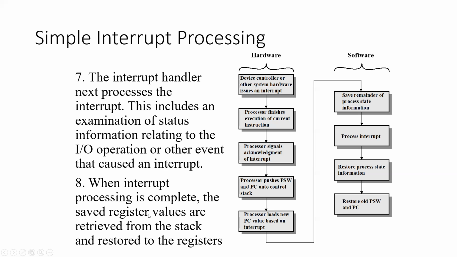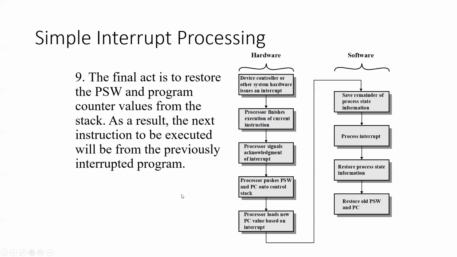When interrupt processing is complete, the saved register values are retrieved from the stack and we restore back to where we were. Then we restore that program's status word and program counter from the stack, and the next instruction to be executed from the previously interrupted program gets executed because we're back to where we were.